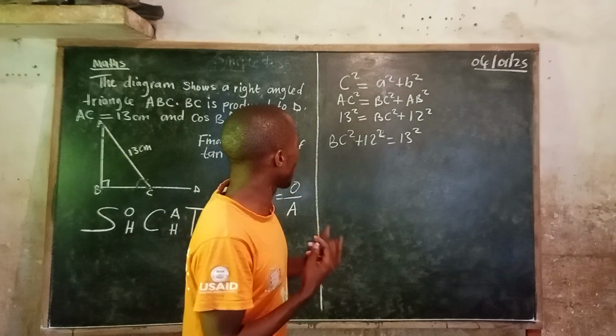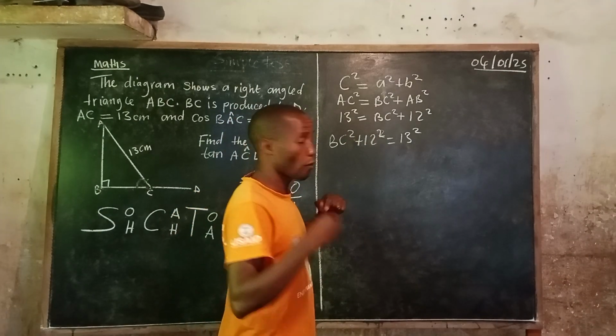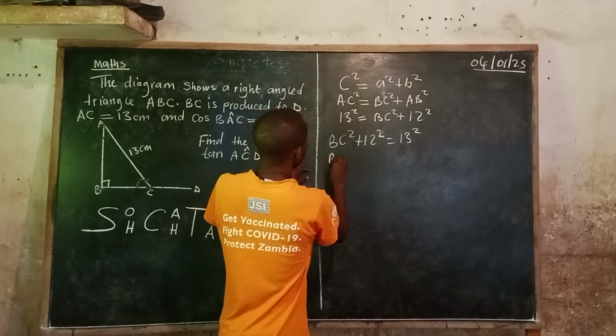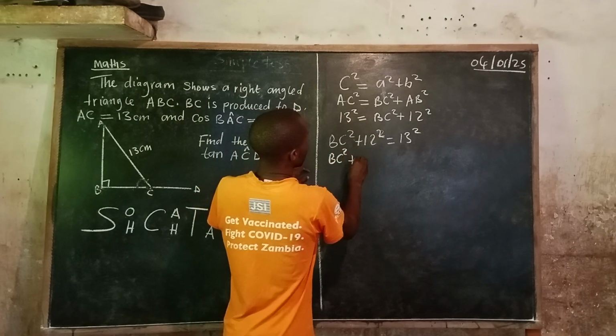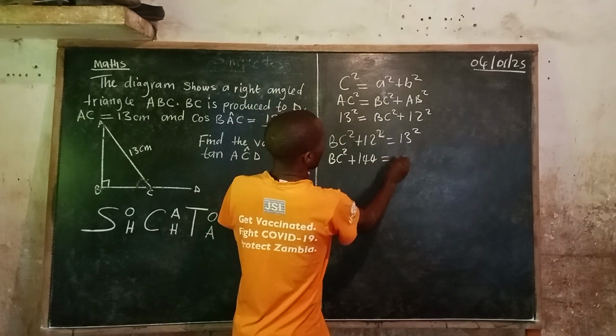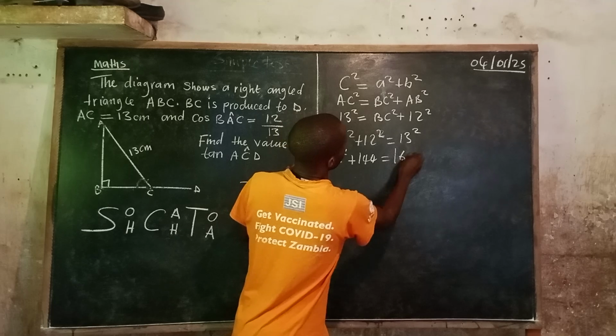Okay, so now from there we can collect the like terms. But before collecting the like terms, let us actually evaluate. So BC squared plus 12 squared, which is 144, is equals to 13 squared, which is 169.